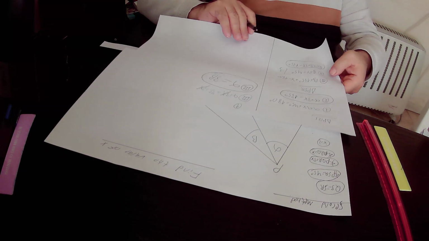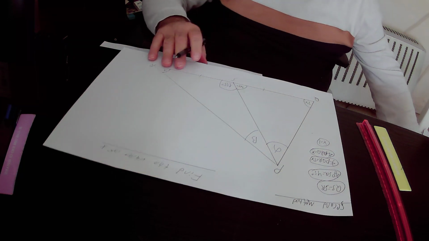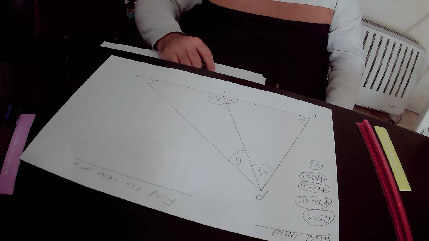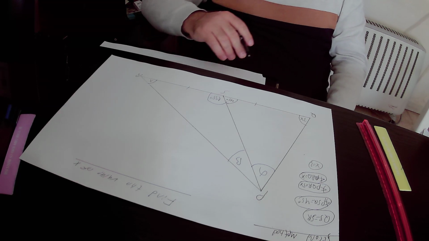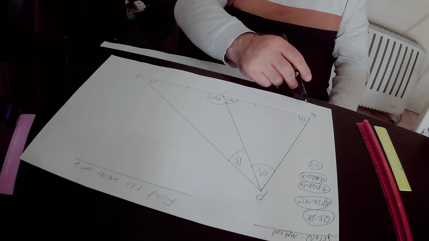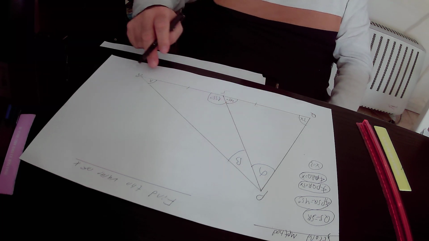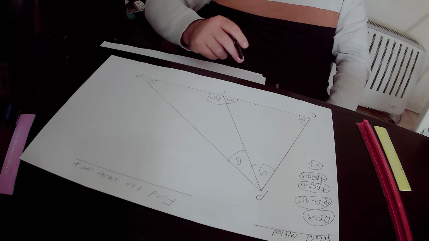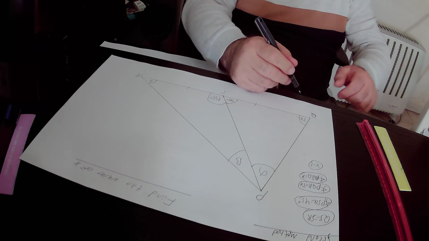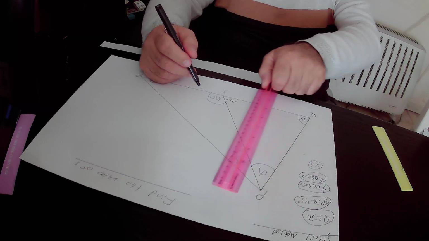Okay. In the next step, we will do a construction from point Q. We will draw a straight line to PR in such a way that this angle will be equal to x.